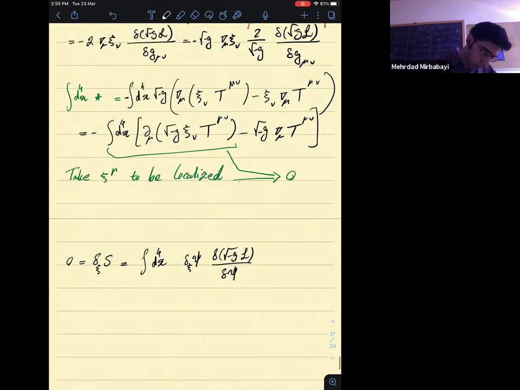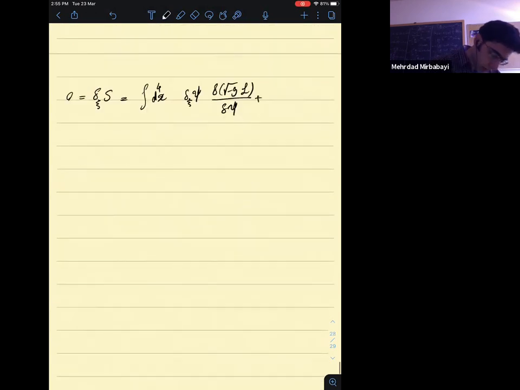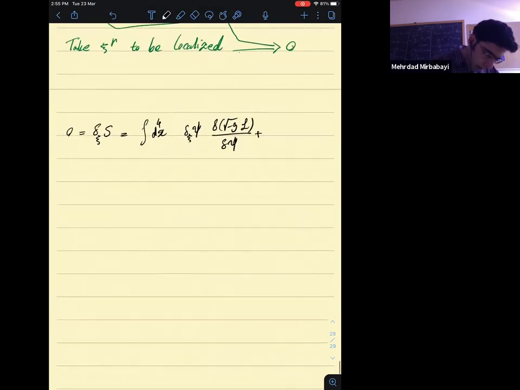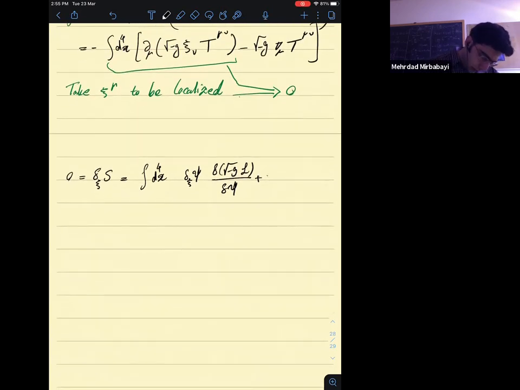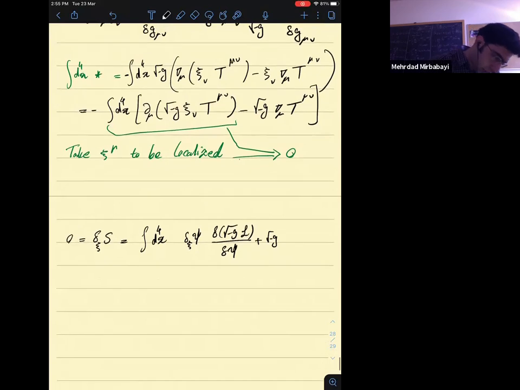So I have two minus signs, it gives me plus, and plus the square root of minus g. And here I forgot a factor of xi nu, right?